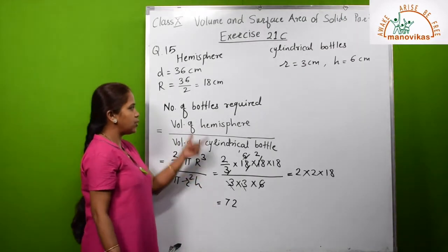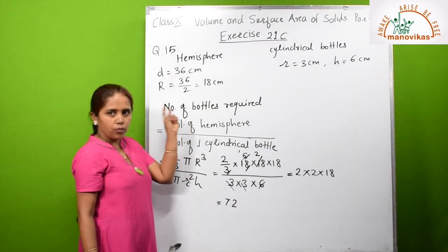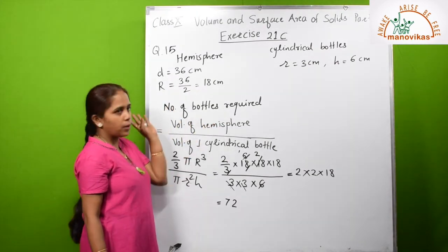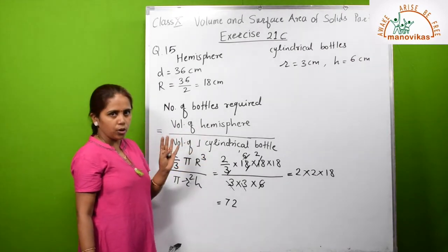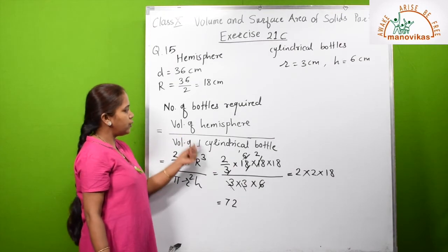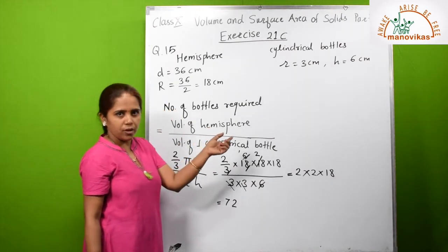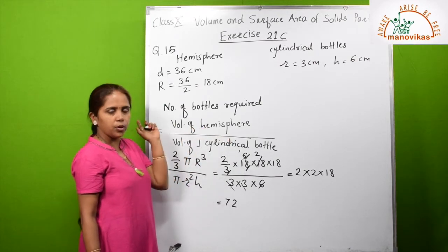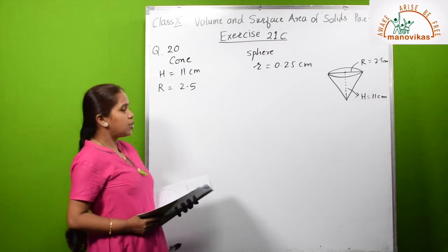That is 72 bottles we required to fill the water from the hemispherical bowl to the cylindrical bottles. Understood? Here again we have compared the hemisphere volume to the cylinder volume to get the number of bottles. Understood? Now next is question number 20.